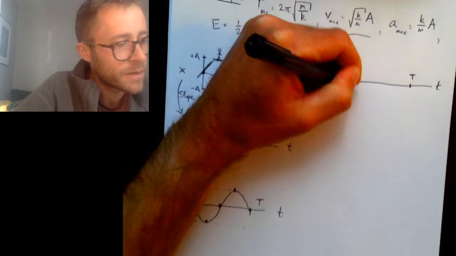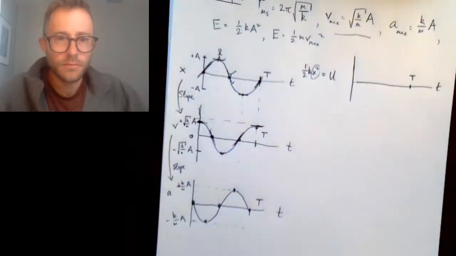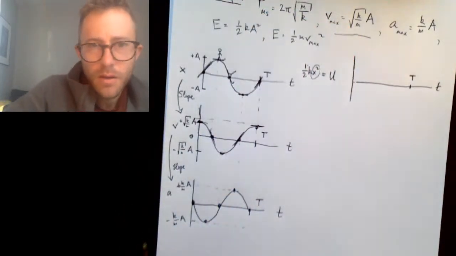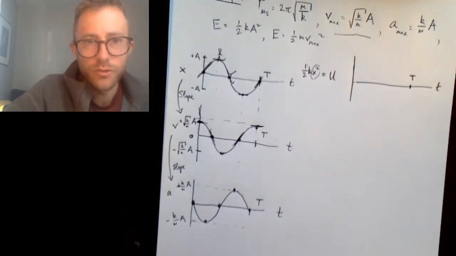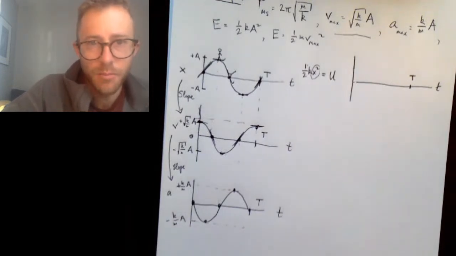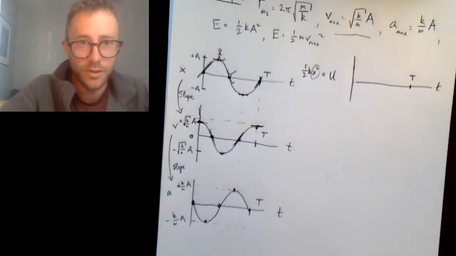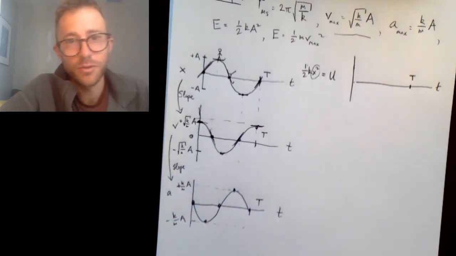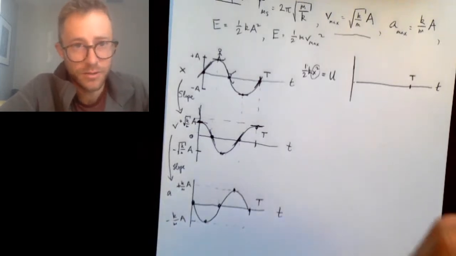All right. And so when you square a negative number, it becomes positive. When you square 0, it's still 0. When you square a positive number, it's still positive.